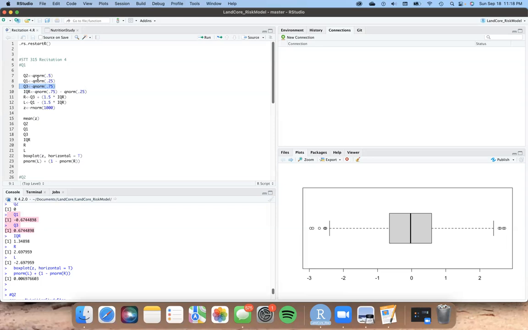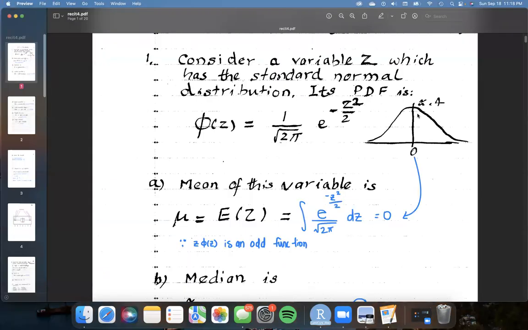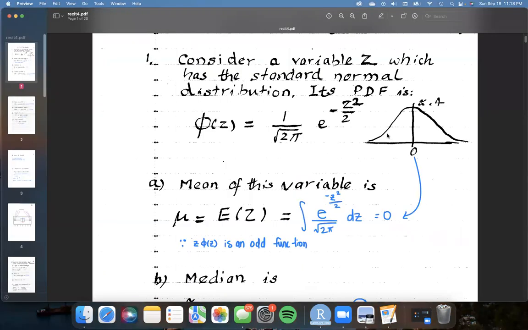So notice that since qnorm uses a standard normal distribution where the mean is 0, it's a symmetric distribution. It's symmetric around 0, which is the mean. And so quartile 1 and quartile 3, since it's centered around 0, the magnitude is the same, but quartile 1 would be on the negative side of 0, so that would be right here, and quartile 3 would be over here.